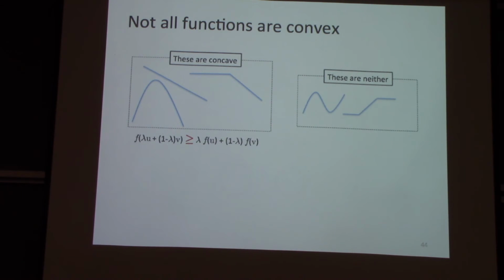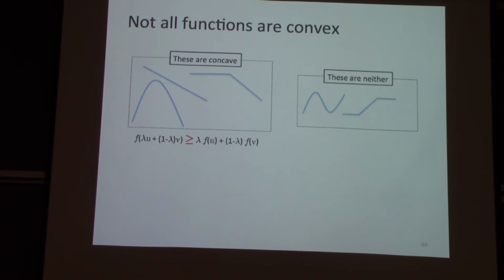So if f(x) is convex, then minus f(x) is concave. If f(x) is concave, then minus f(x) is convex. So you just flip it upside down and change between convex and concave. The box on the right gives you an example that is neither convex nor concave.